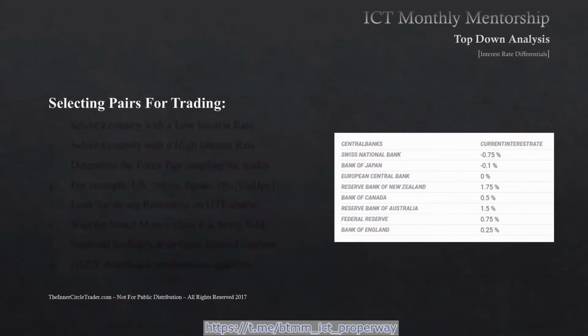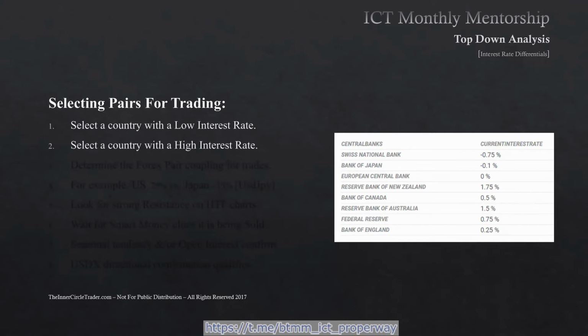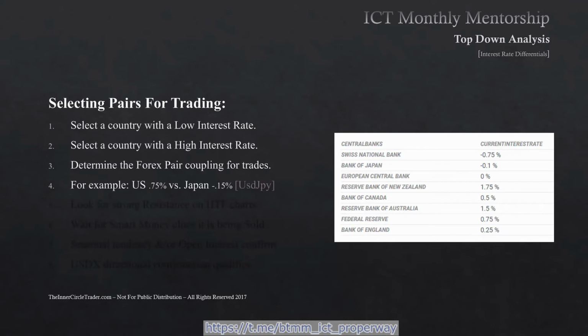Okay, we're going to do another example. We're going to select a country with a low interest rate this time. And we're going to select a country with a high interest rate. And we're going to determine the Forex pair that couples for that trade. In this example, we're going to use a higher yielding currency, 0.75%, which again, was actually half of 1% at the time when this trade is being shown.